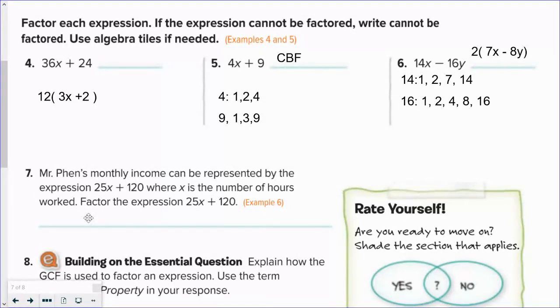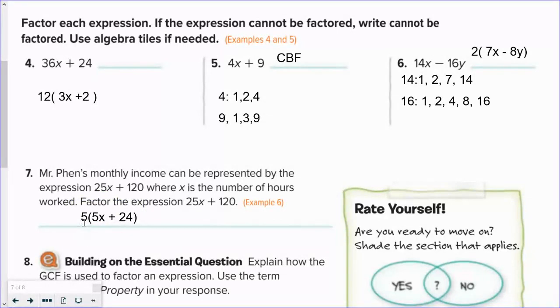Well, let me think here. 25 only has 3 factors, 1, 5, and 25. And 25 cannot go into 120. So I'm going to use 5 as my factor, get my 5x plus, and then 5 goes into 120, okay, goes into it 24 times.